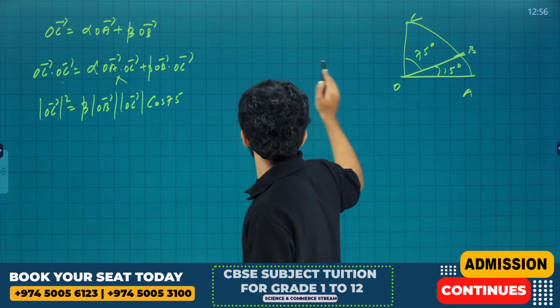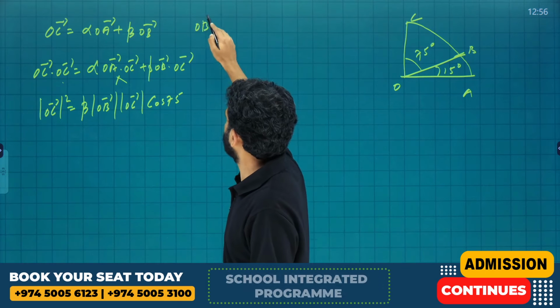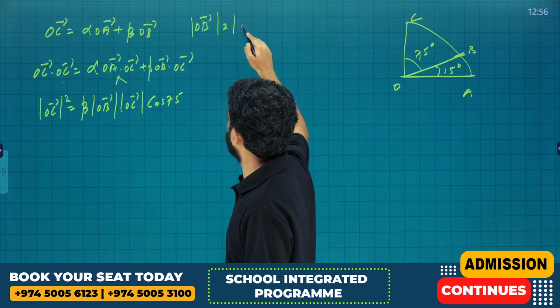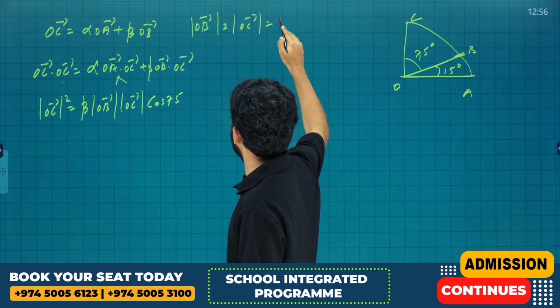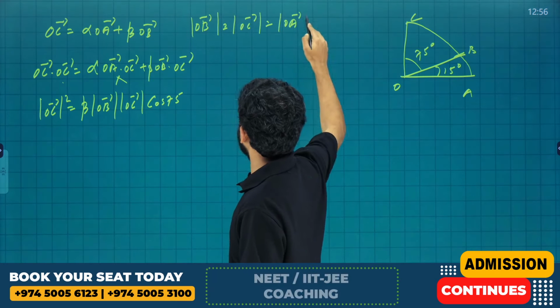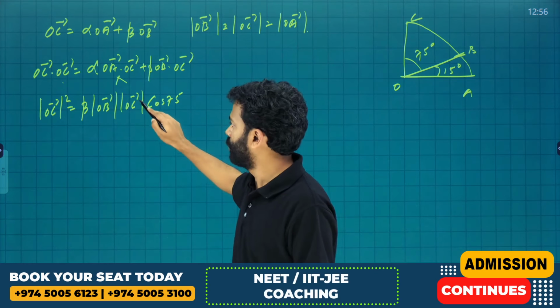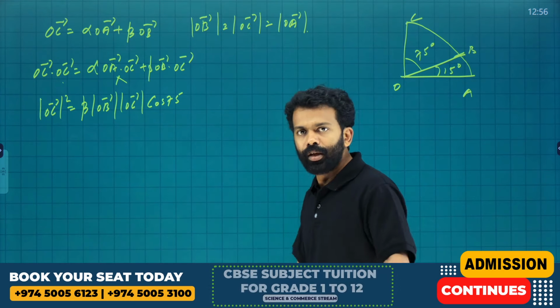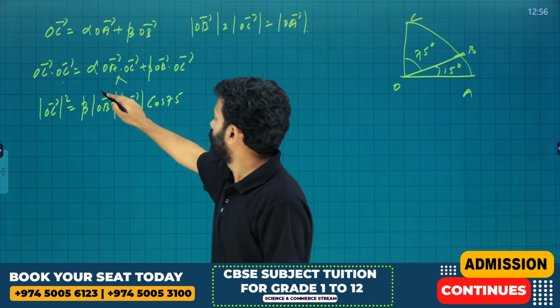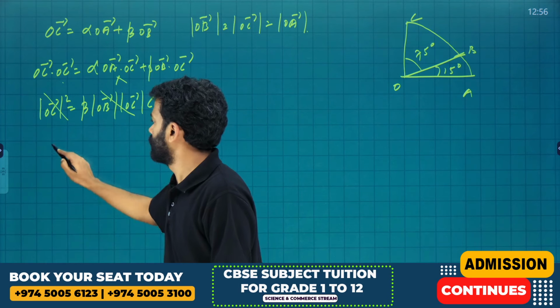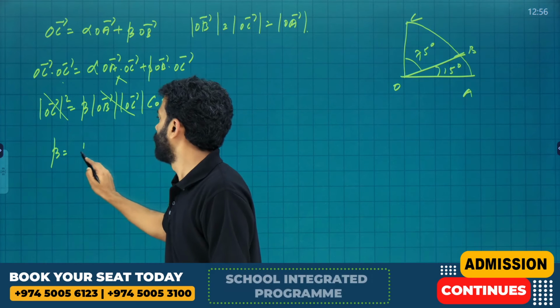We know that the magnitude of vector OB is equal to the magnitude of vector OC is equal to the magnitude of vector OA. So this becomes the magnitude of OC squared, which gets cancelled. Therefore, beta becomes 1 by cos 75.